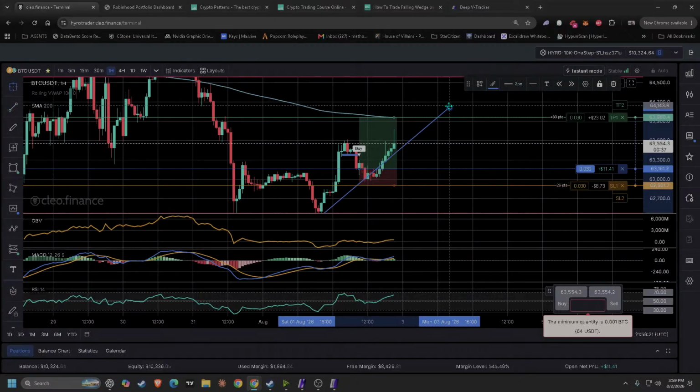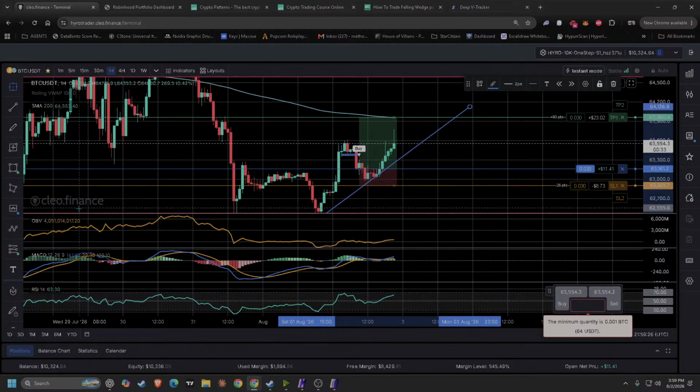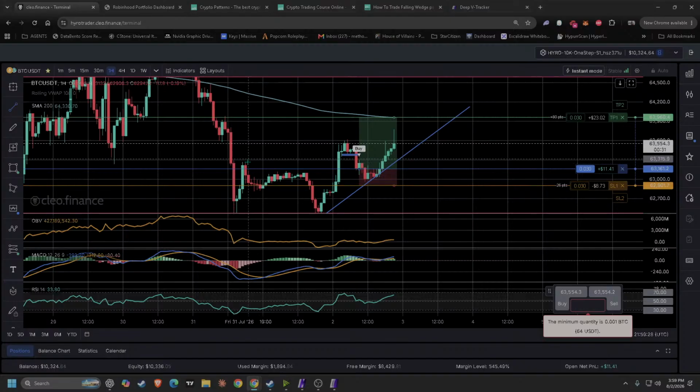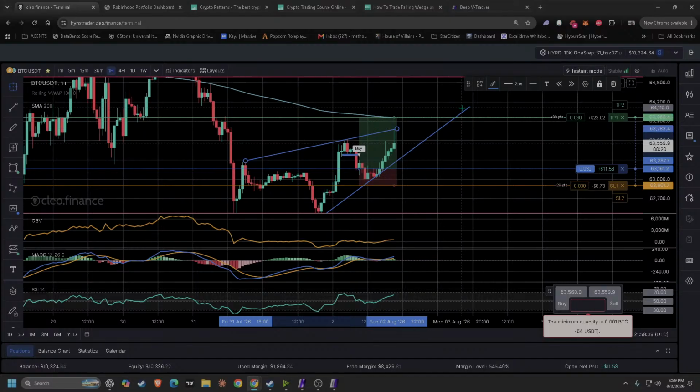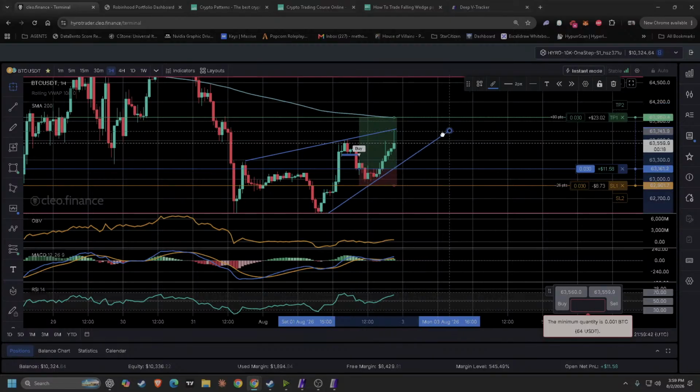We see a channel, and a channel. What would you call this? An ascending wedge?